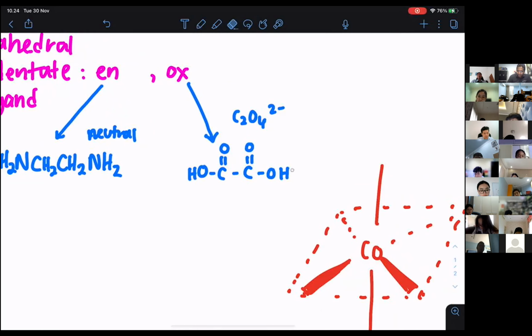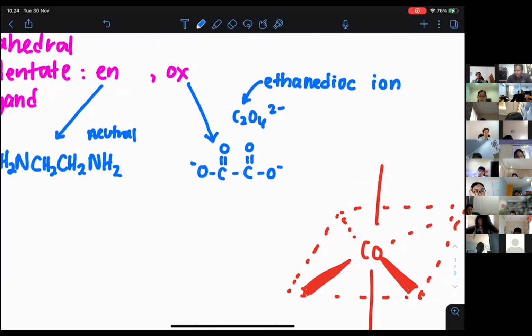So if I erase this, the H plus will be gone, and the negative will be here. Therefore, that's why OX is known as ethane dioic ion, or ethane dioate ion, because it's related to your carboxylic acid.